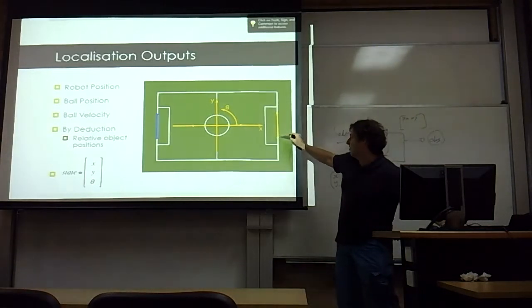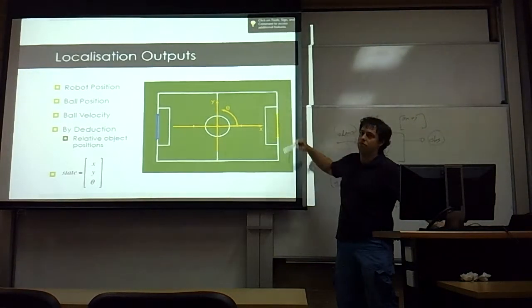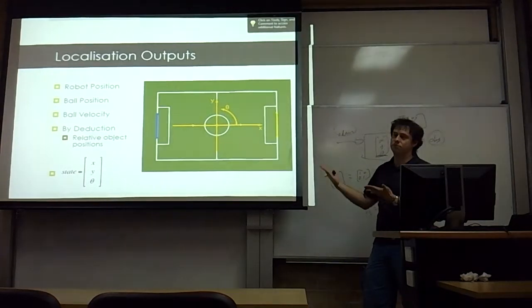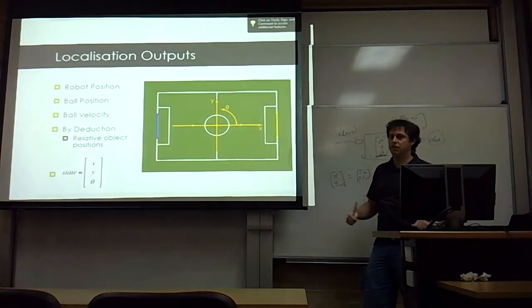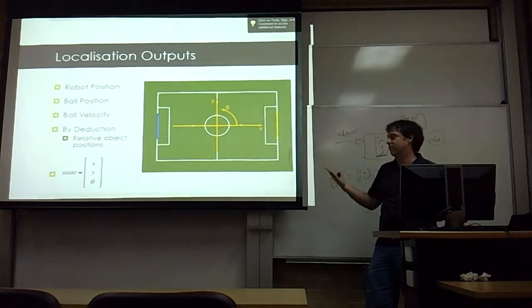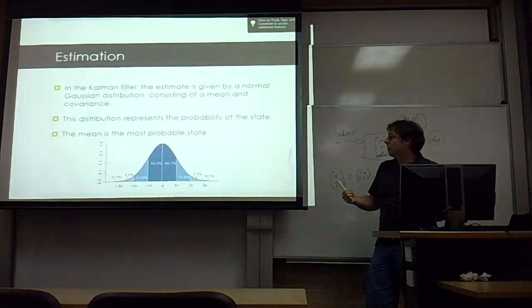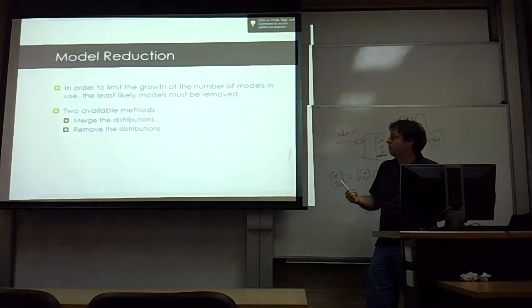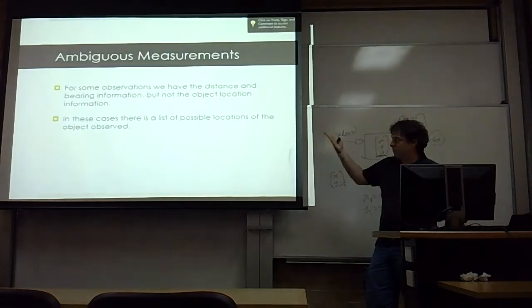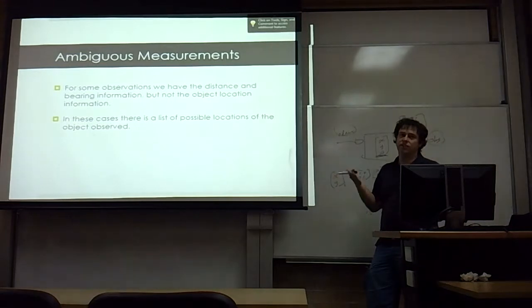But it's possible that it could be this one or this one, so you've got these two possible field locations that that object would be in. That gives you two different versions of the update. So this is where the ambiguity problem comes in, and we can end up with a list of possible locations for the object.